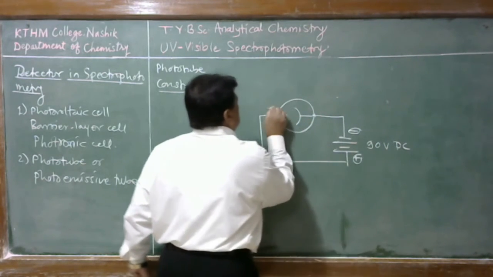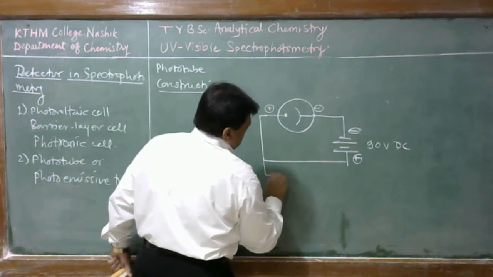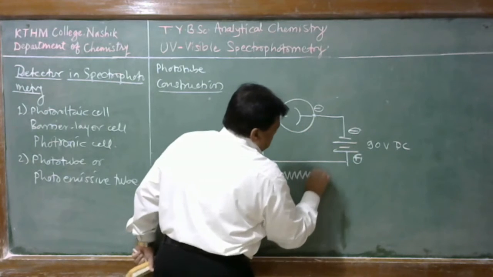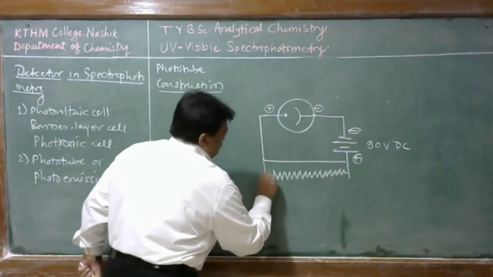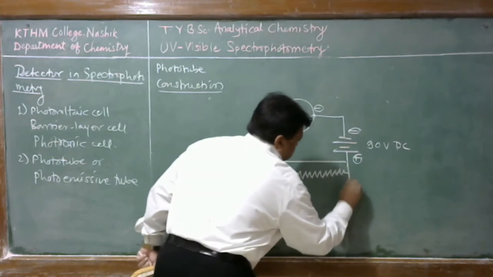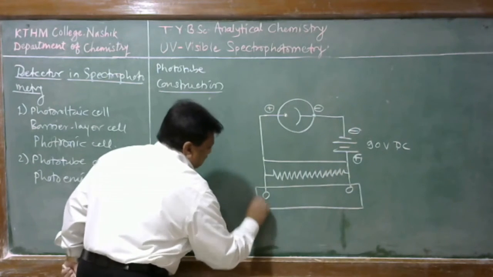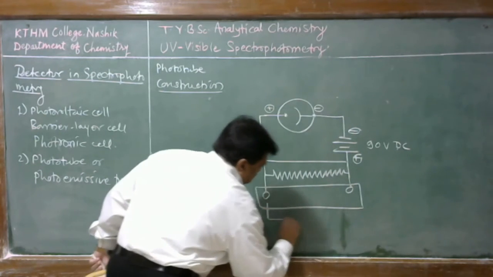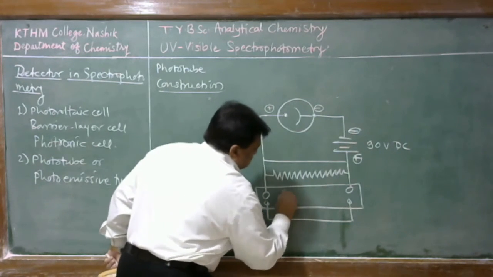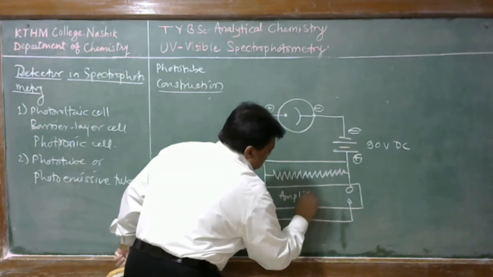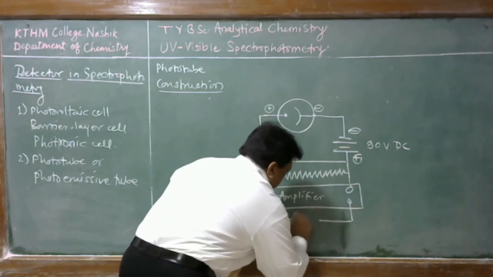Therefore, this is positive, this is negative. Here this is an amplifier circuit, this is the amplifier, and here this is a recorder.